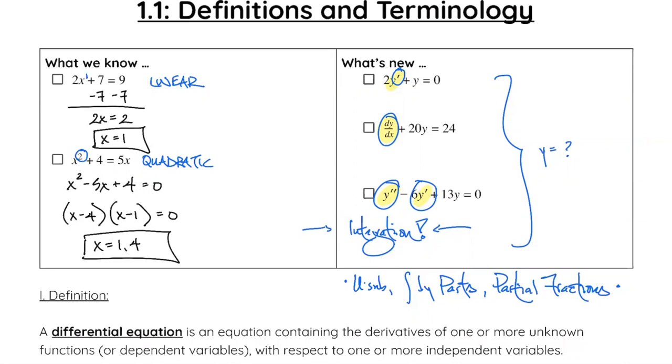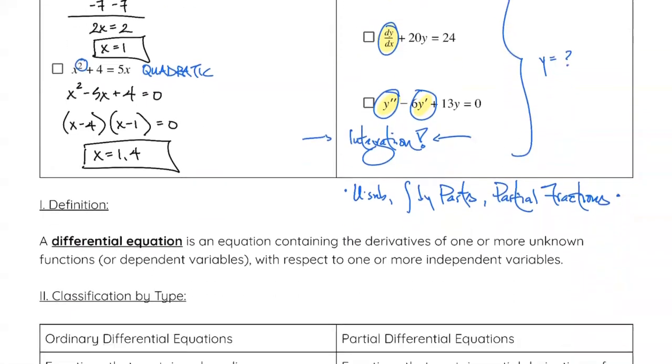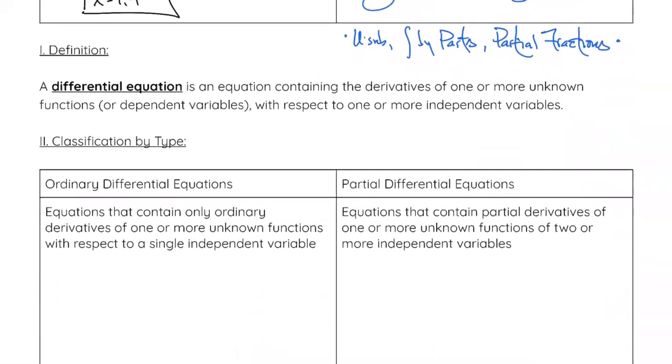All right, but before we get into all that nitty gritty, let's back up and talk about some definitions, right? So a definition: a differential equation is an equation that contains the derivatives of one or more unknown functions. Now, these derivatives all happen to relate to that dependent variable.